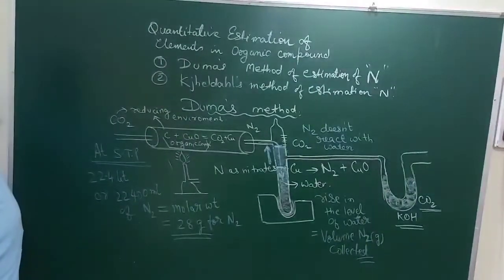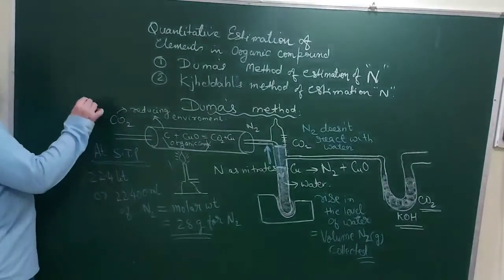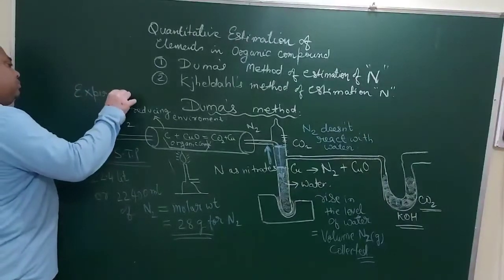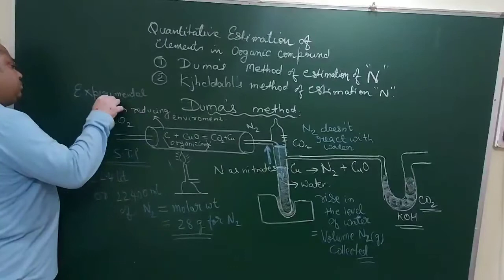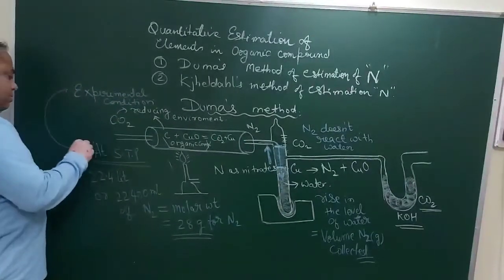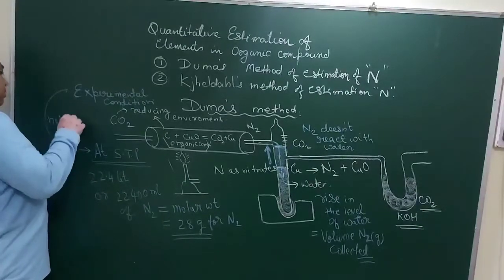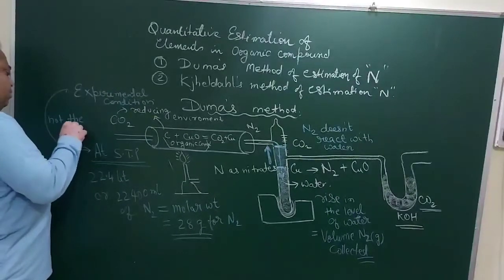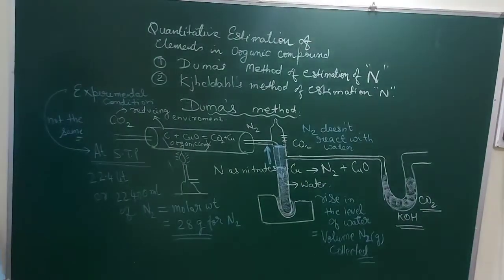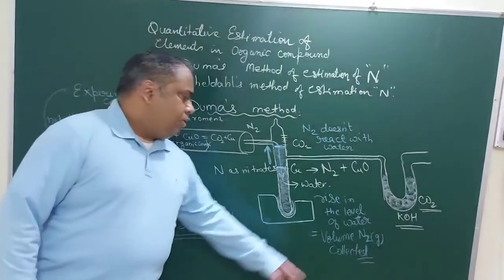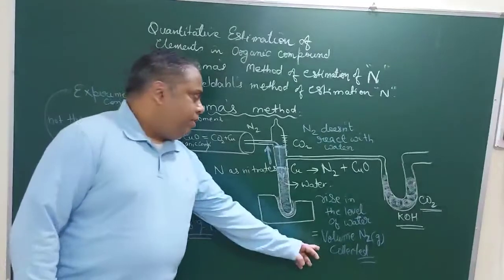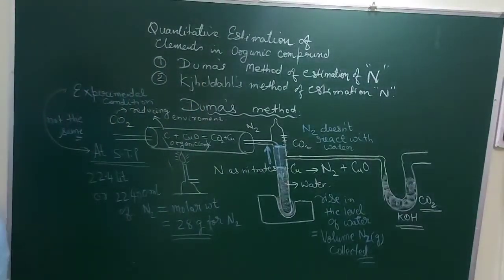Okay. But the experimental condition is not the same as in case of standard temperature and pressure. So in this case, this volume which we get is not standard volume. It is not V STP. So to get V STP, we have to apply the combined gas equation.